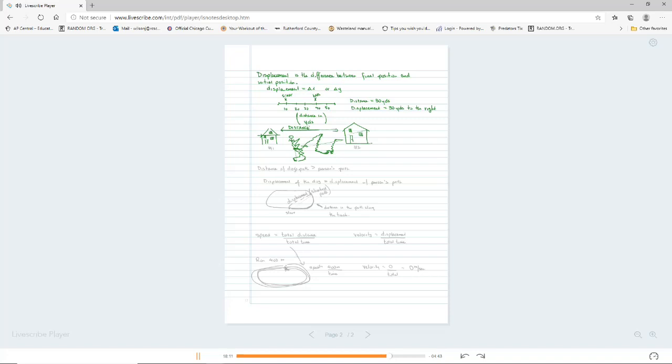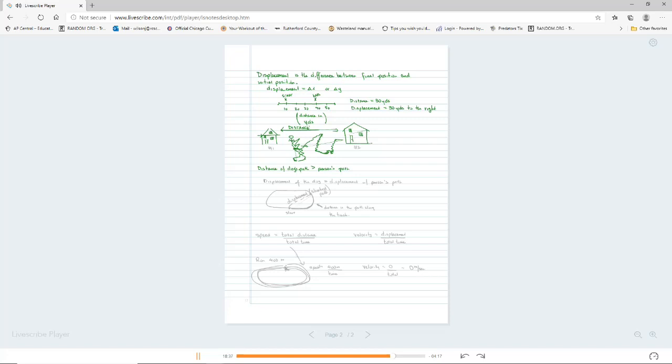It's how many steps do I take. So the distance for me is the distance between the two houses, but the distance for the dog will be much greater than my distance. The distance of the dog's path is much greater than the person's path.